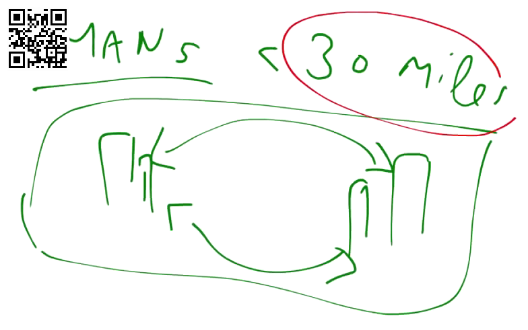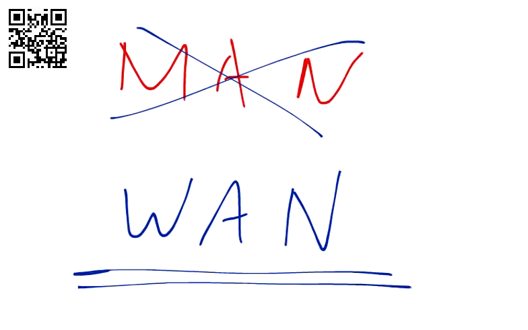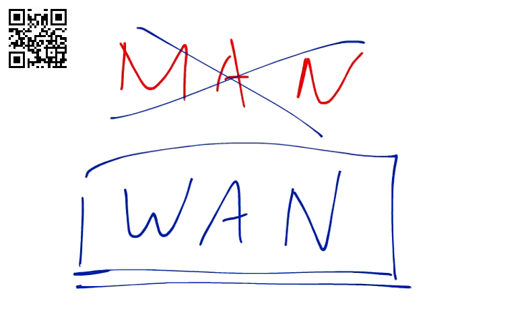And if the network is greater than a 30 mile radius or area, then we will not call that network a MAN, because in that case it would be a wide area network, which is WAN, and we will be discussing WAN in our next tutorial.